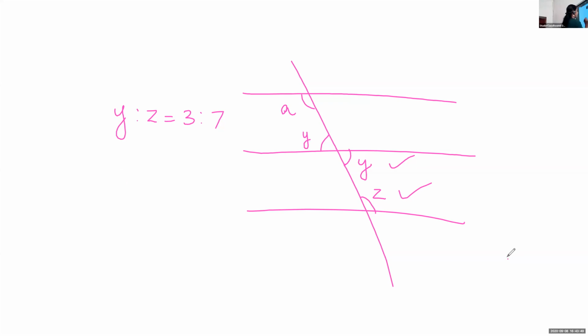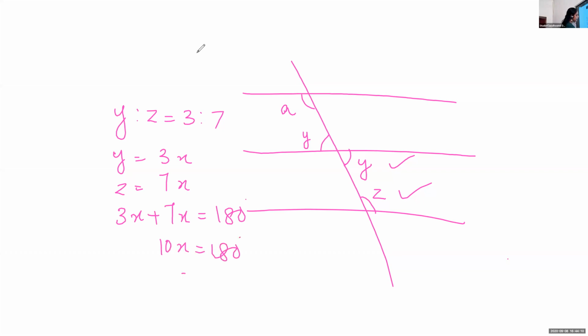Okay, children. Now you can write Y as 3X and Z as 7X. Now write it as 3X plus 7X equal to 180 degree. 10X equal to 180 degree. X equal to 180 by 10 equal to 18.